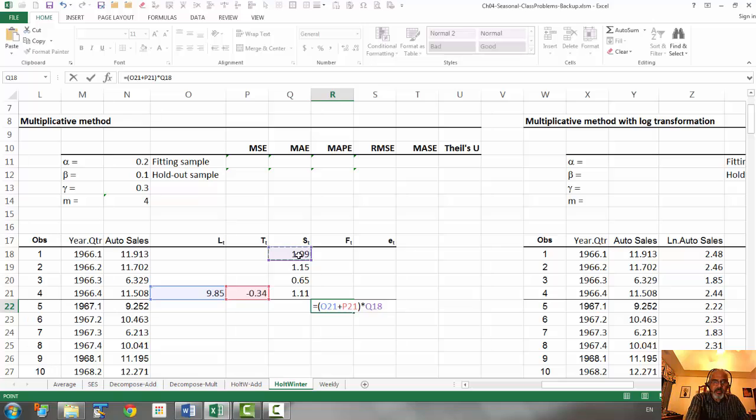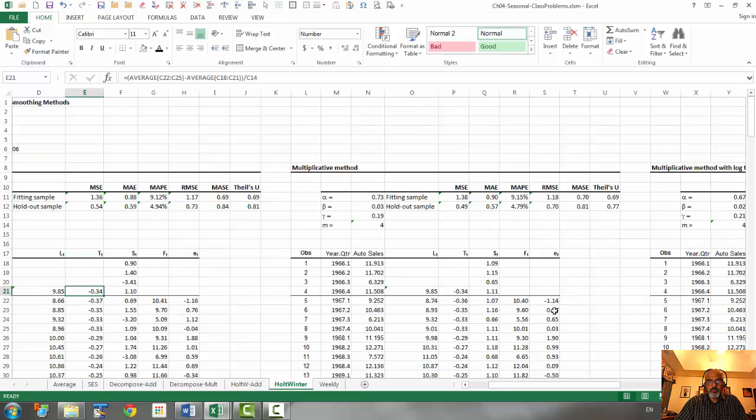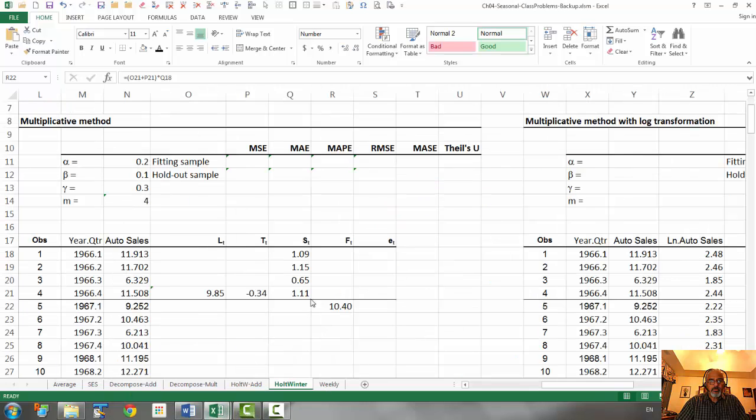Okay, in the additive model we added the two. So this is the forecast. And then the error is actual minus that. So now we need to set up the smoothing formulas for these three.